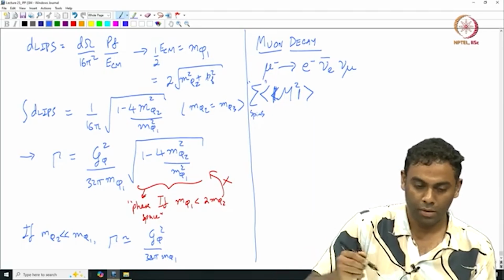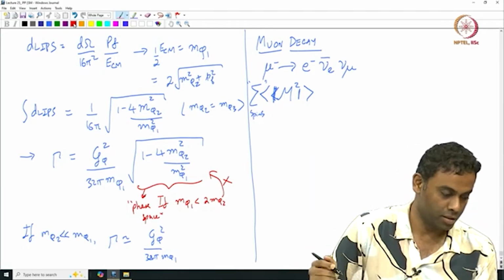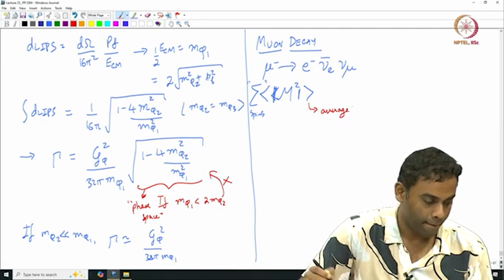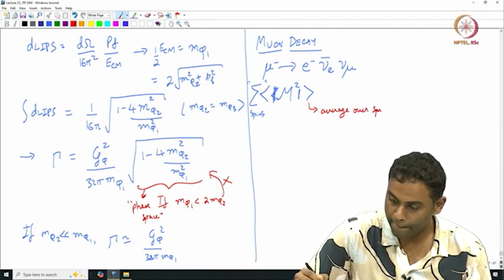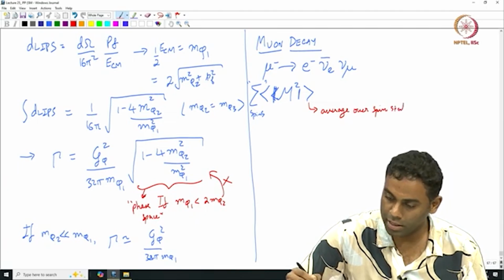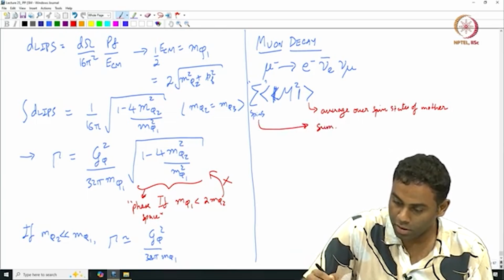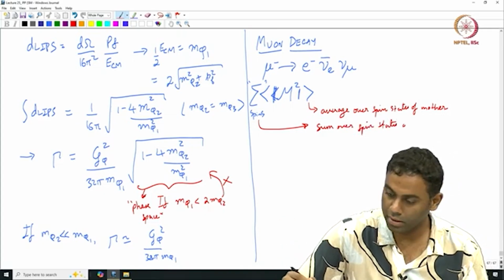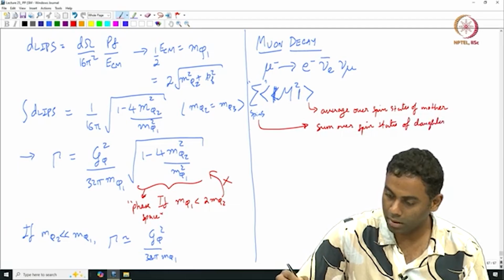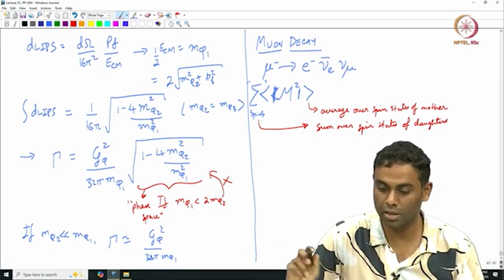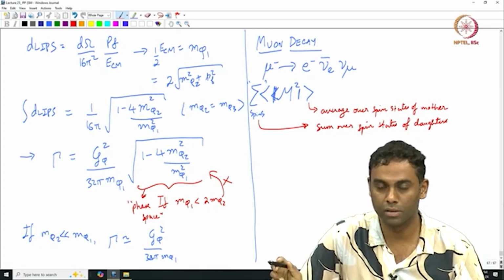But I've also done an average. So in particular, what this means is you have to average over the spin states of the mother, in this case the muon, but you sum over the spin states of the daughters, because after all you have to account for every spin that the daughter states could take.